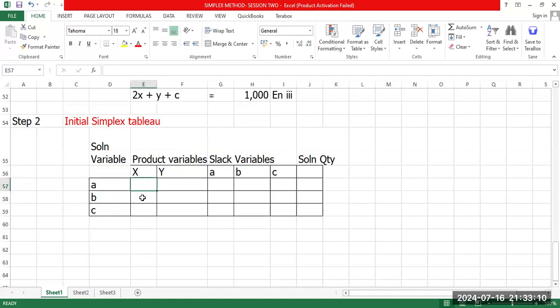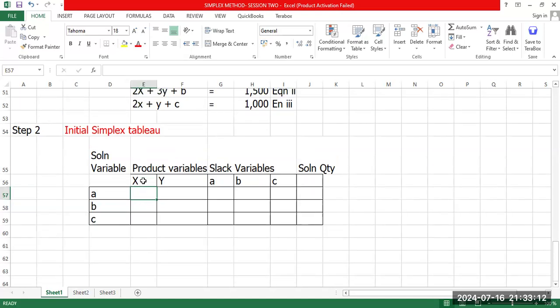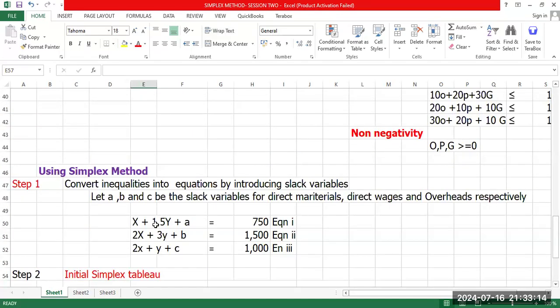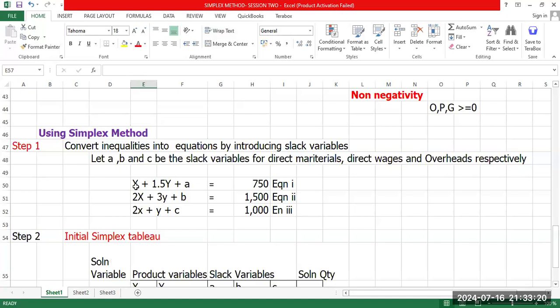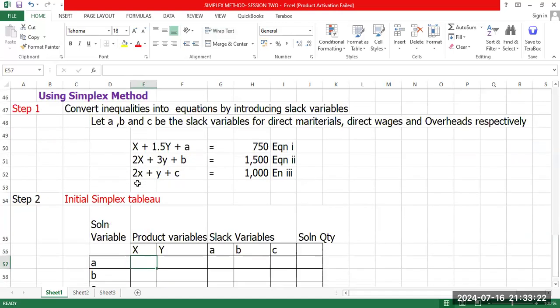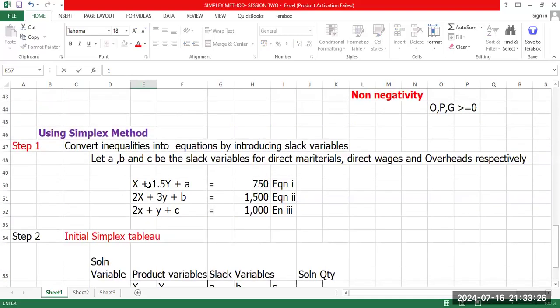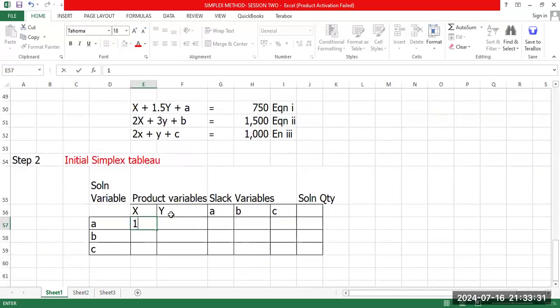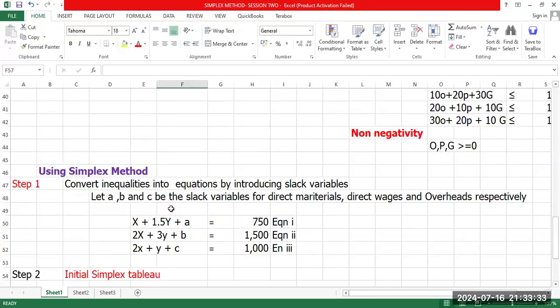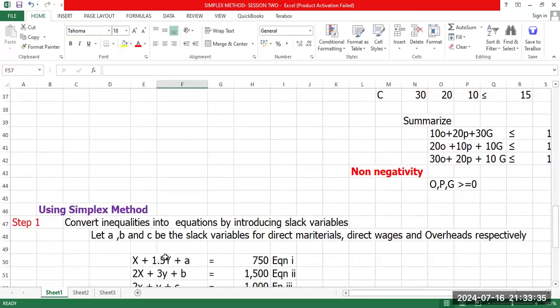Then what are you going to put here? You come to your equation. What is the value of X here? Now I need we move together. It is 1. I write 1 here, because you are dealing with row 1, you first finish row 1. What is the value of Y? 1.5.